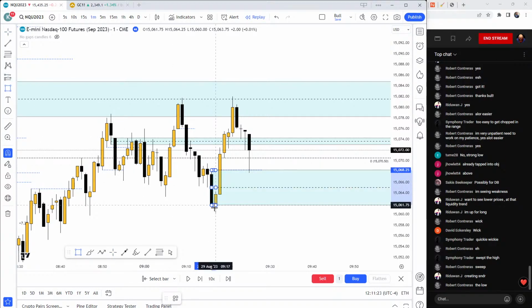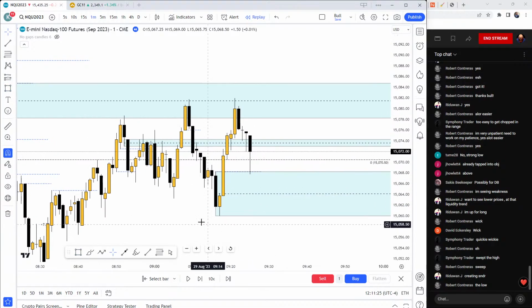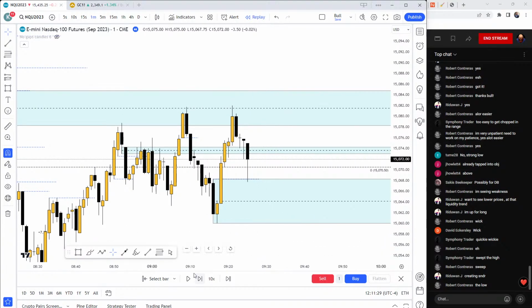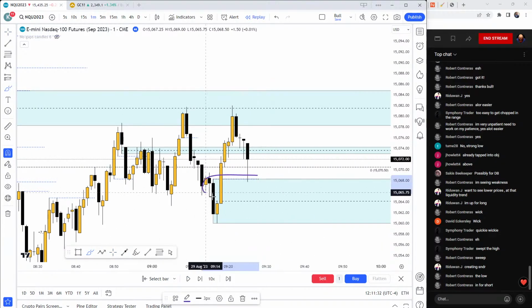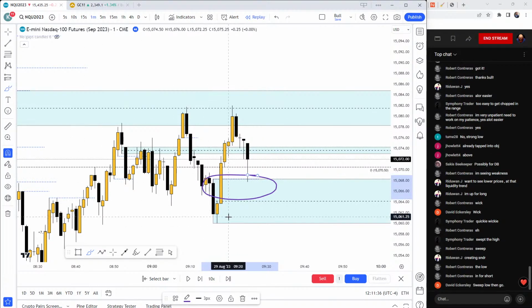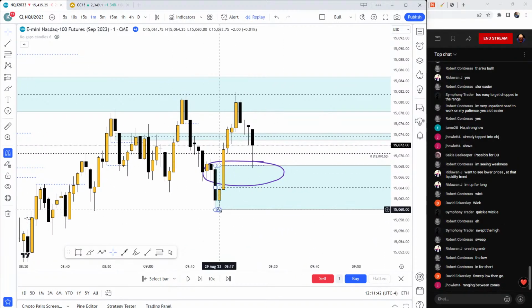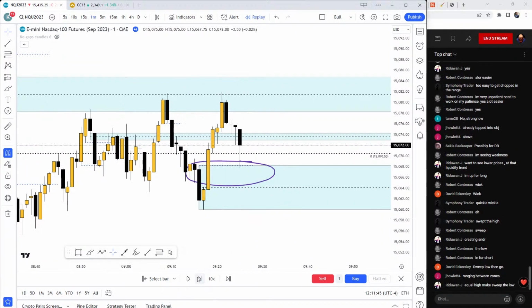We're basically looking at this manipulation leg. Those of you that love your imbalances, you're now taking an imbalance entry at the manipulation. Possibly. This is a weak low. Possibly.